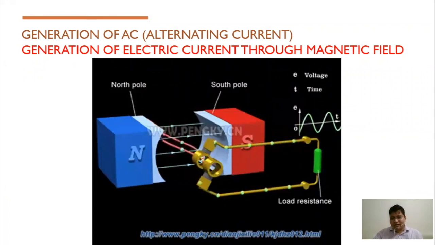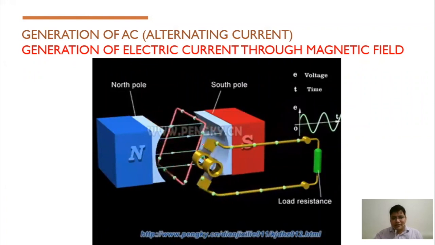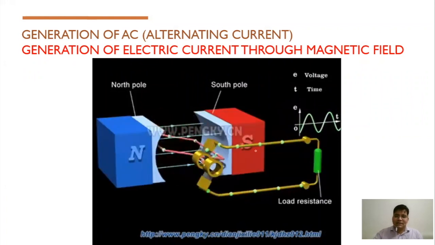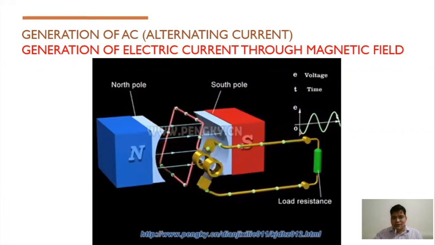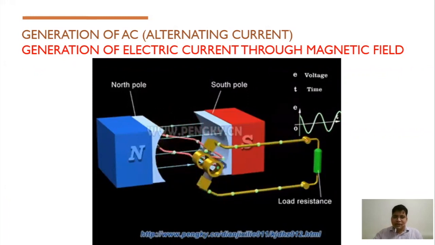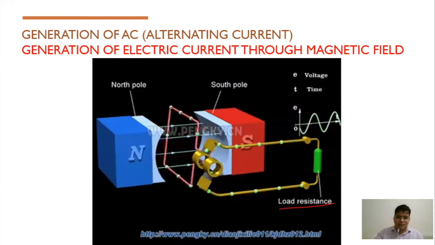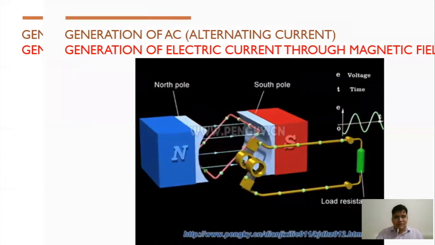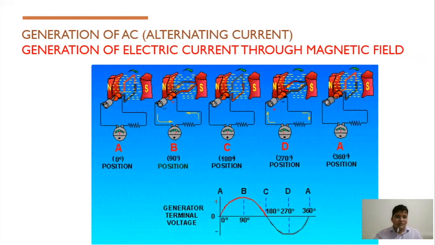Here all of us are well acquainted with this concept. In this magnetic field a coil is moving, and AC current is being generated. You can observe here AC current is being generated through this coil, and we can connect a load resistance. This is the motor concept we can see here, and the direction can be observed. When it is in the 0 degree position, that is considered as the 0 degree.